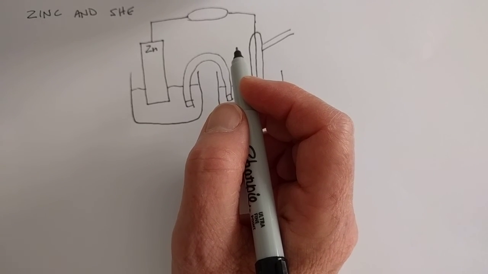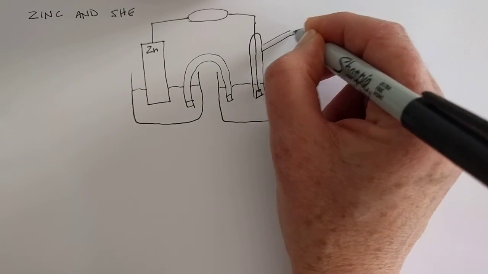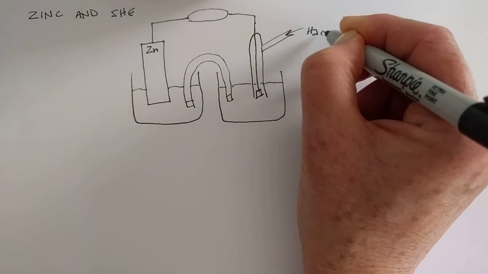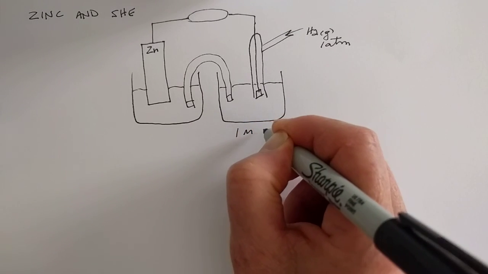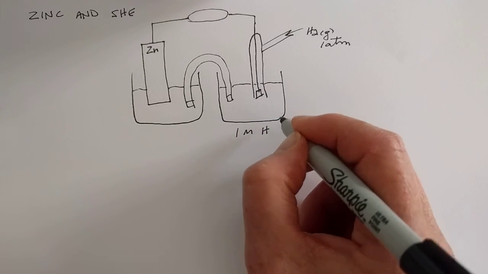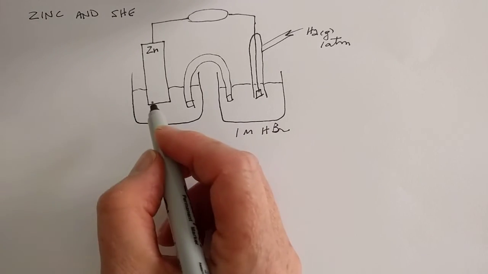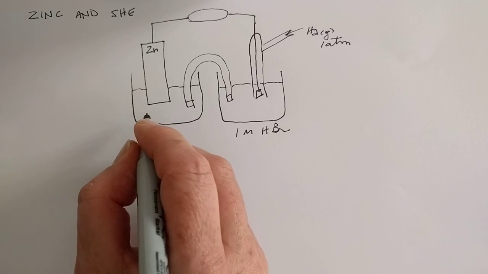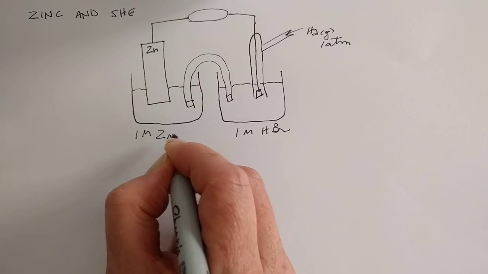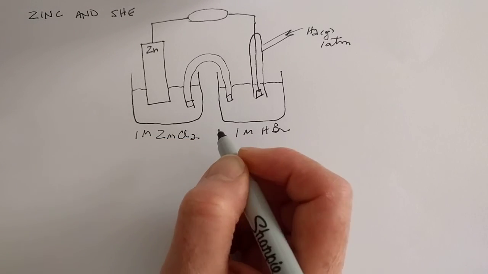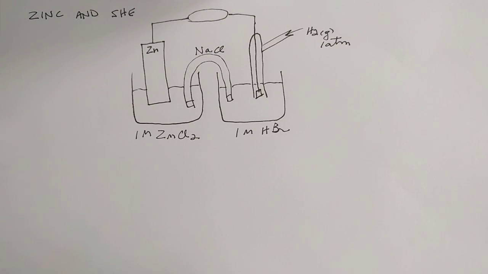Okay, so we have zinc here, we have our SHE here, and of course we have H2 gas at 1 atmosphere, and in our beaker we've got 1 molar HCl, or whatever, I'll just put HBr to show a different acid. And over here, this is our zinc, so we need some 1 molar, and I don't know, I'll use zinc chloride, and we'll put some sodium chloride in our salt bridge.